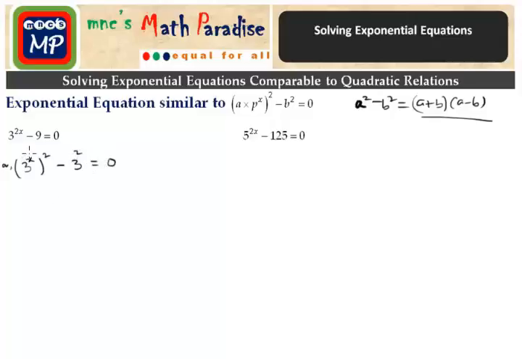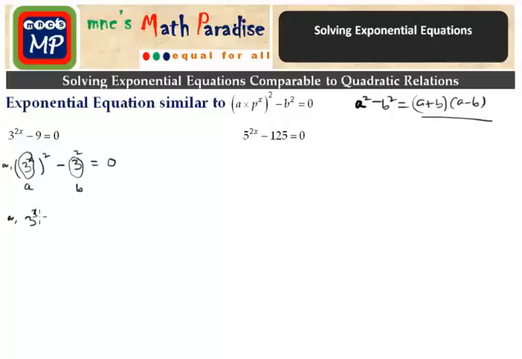So if we consider this 3 to the power x as a and this 3 as b, then it is a squared minus b squared. Using the difference of squares formula, we can write it as a plus b times a minus b.